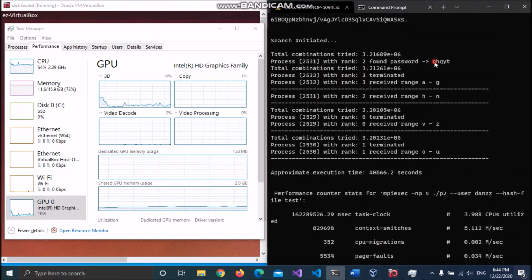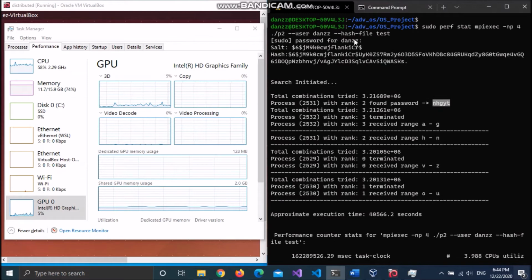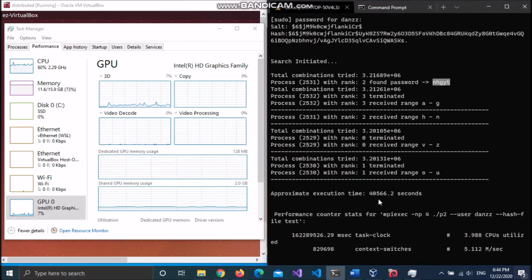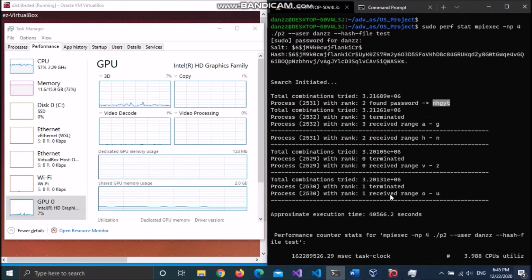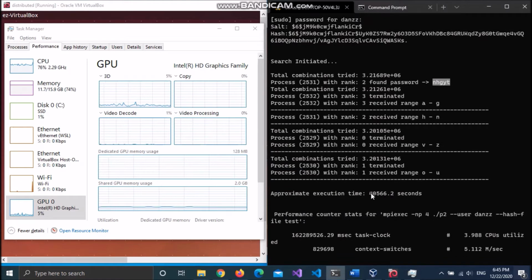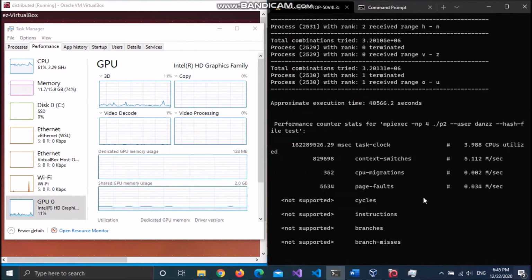It was using only the CPU, and I specified it to use 4 processes. As you can see, it took almost 40,600 seconds, which roughly translates to 11 hours. I had it running overnight. It took a lot of time, but in all fairness, Hashcat is a more advanced password cracking tool which is able to utilize OpenCL and the graphics processing unit.